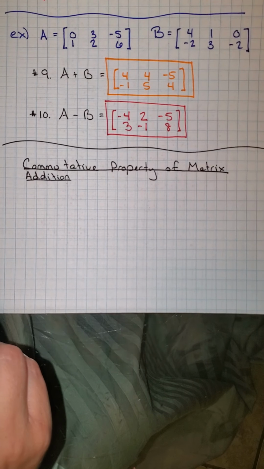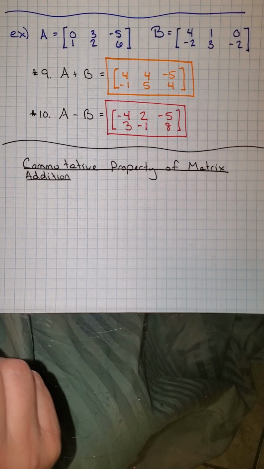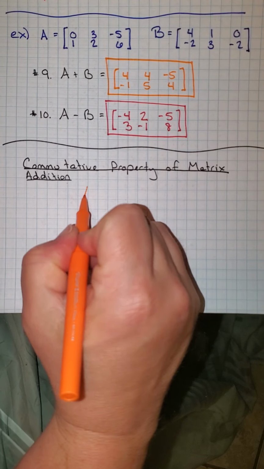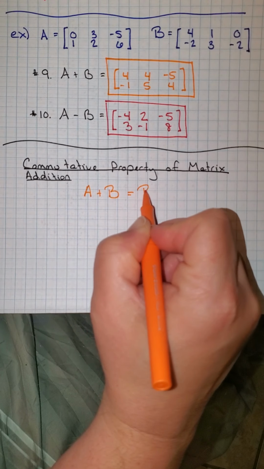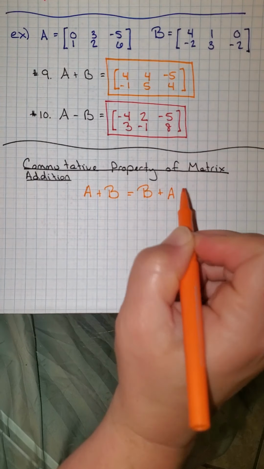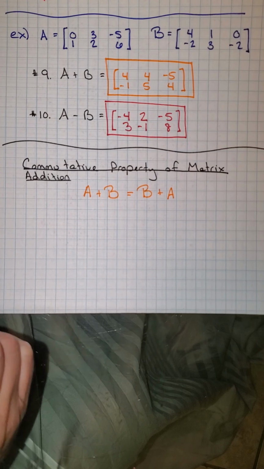Okay, so if you were to add A plus B, you would get the same result as if you did B plus A. So that's what commutative property of addition means.